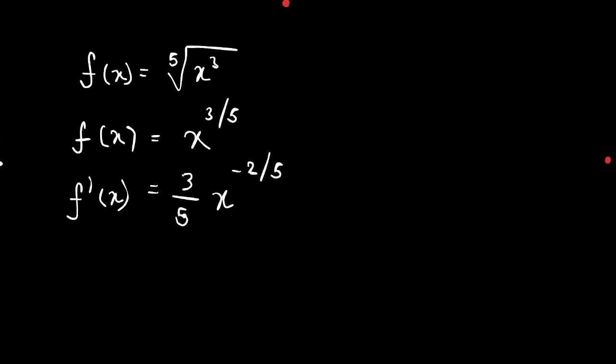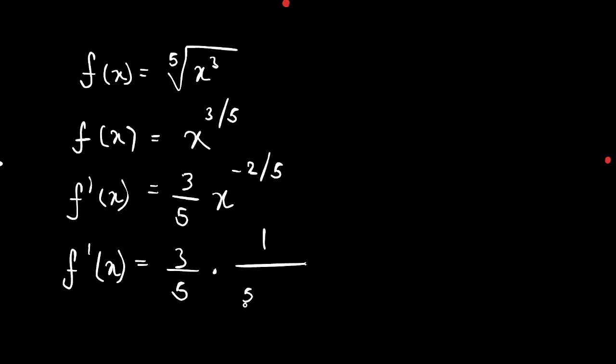So now, again, we can further simplify this. So our f prime of x is 3/5 times x raised to the negative 2/5. Firstly, we see that we have a negative, which means that this is going to be 1 over something. We know that this is going to be a 5th root because we have a 5 in the denominator.